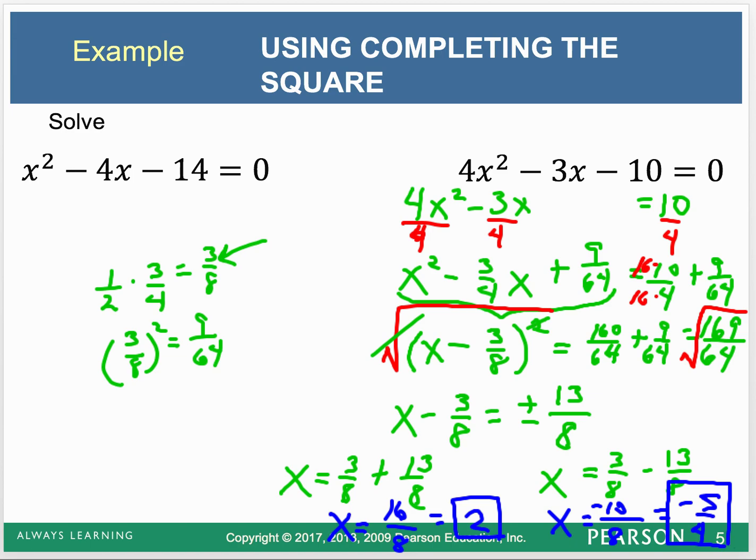Okay, completing the square. I'm sorry that I erased this over here. I wanted us to see the difference in how easy this one was versus this one. What made this so complicated was that it involved working with fractions, right? If there are no fractions involved, completing the square is really easy.